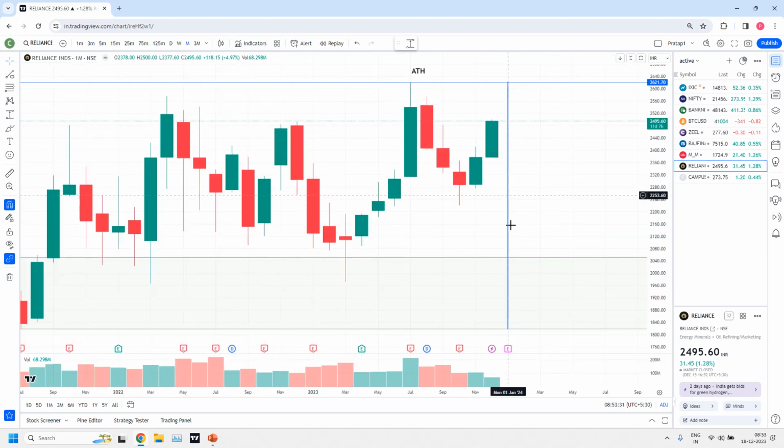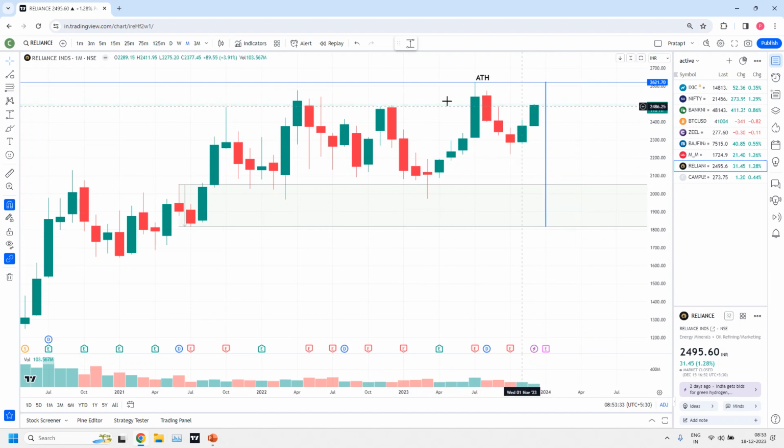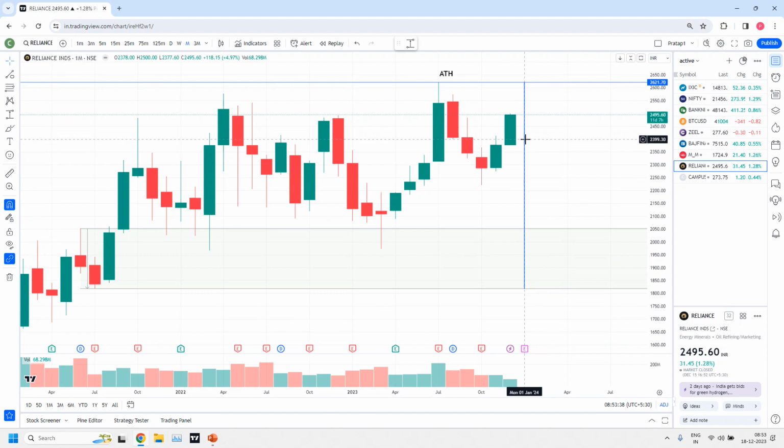So this is the range of this entire monthly demand zone to the all-time high. So what is the total value of this range? 802.90, so close to 803.